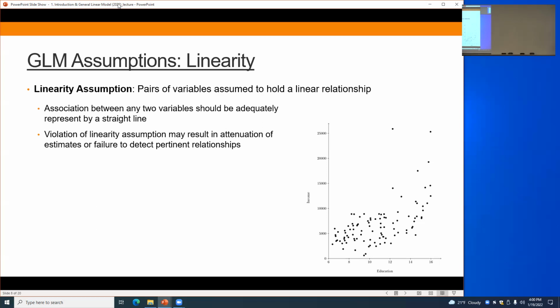Okay. So in the extreme, let's say we've got this, and here's X, and here's Y. Are X and Y related here?